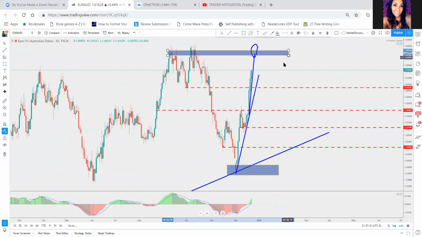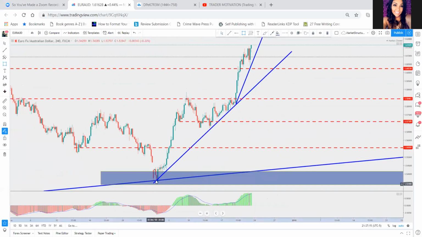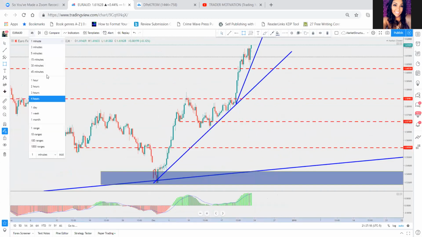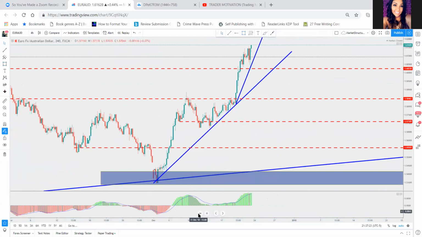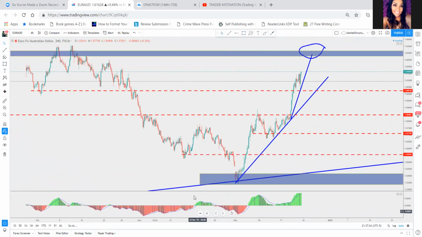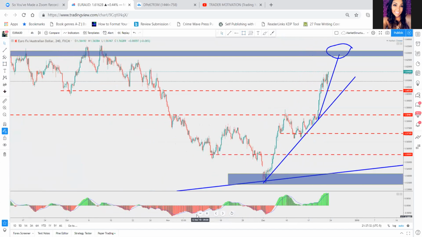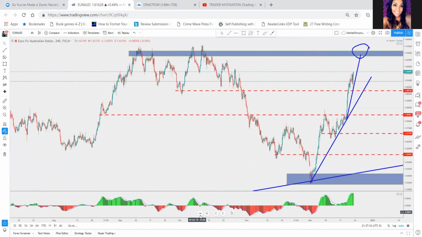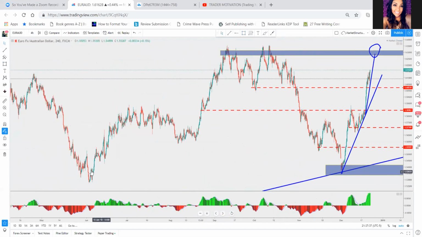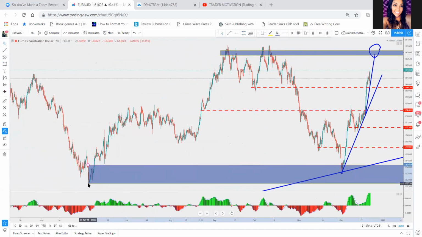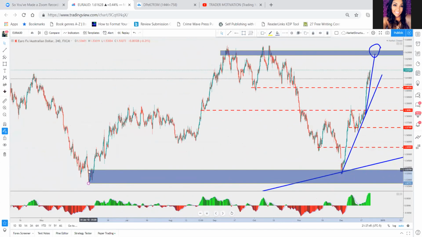We'll put that back up there. So had you been looking for entry into this market, you would have been on your 15-minute after you saw your number one indicator, if you were trying to trade this market based on market structure. Your number one indicator: you are sitting at a demand zone, which is where, looking left, buyers have taken control of the market more than once, okay? We can extend this all the way out here if we want to. I just don't like making them too big.